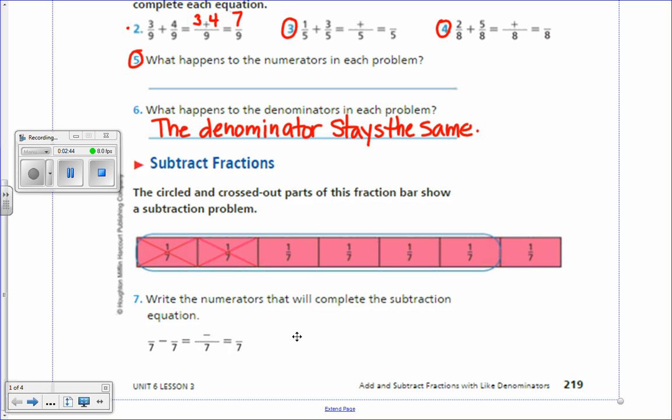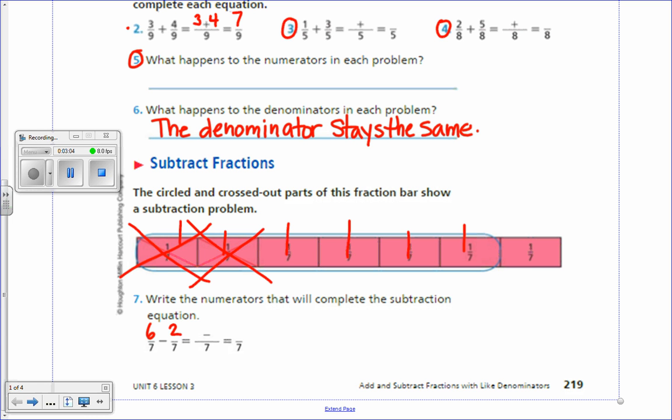So subtraction is just the opposite of the addition. So here we have 1, 2, 3, 4, 5, 6/7, and we've crossed out 2/7.